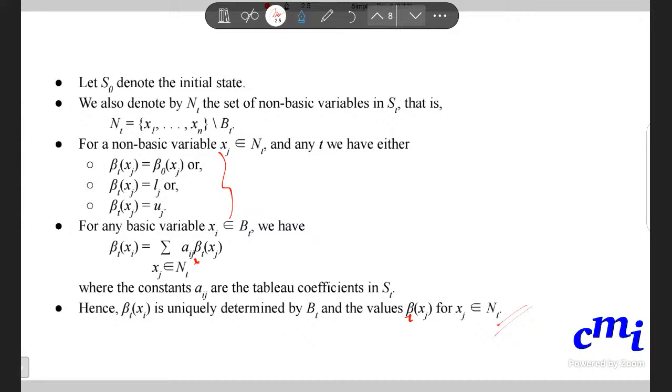Then, for any given set of basic variables, the tableau is uniquely determined. Even if the basic variables can take something in between, they are uniquely determined by this. So you could take all possible non-basic and basic variable sets, and for each of them you will get one unique beta t.